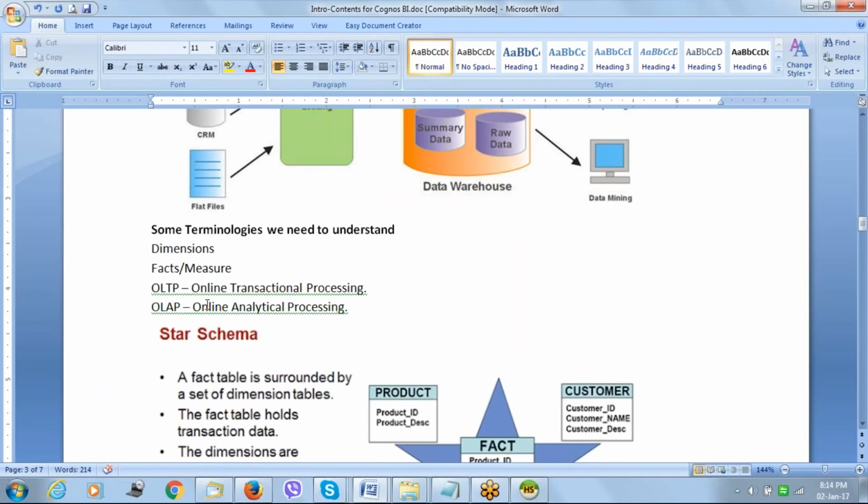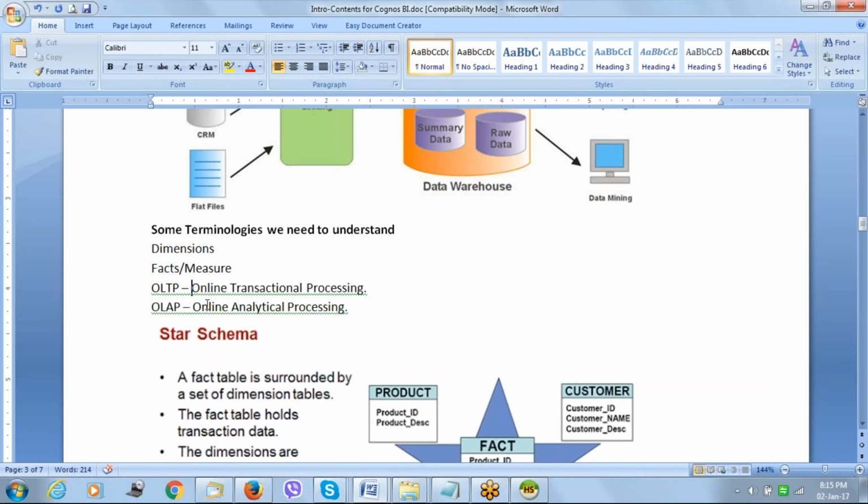So online transaction, you can say, is a daily transaction: how many products came in, how many went out, and the price. That is in a normal web application or a normal standalone application. For example, when you buy a product and go to the billing counter, you will get a bill and data will flow here and there.